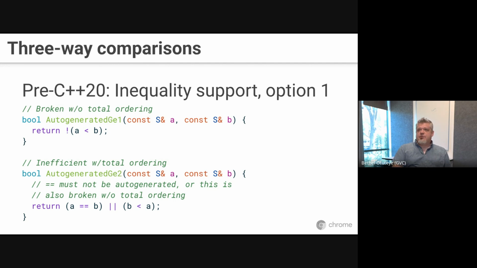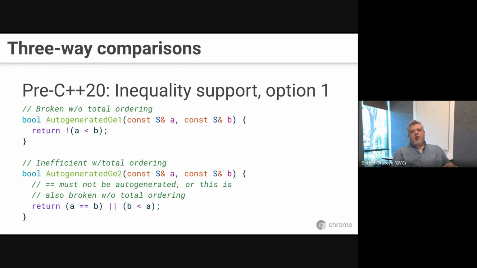But if we use the second version to try to work around that problem, then it requires that we've actually defined a working operator equal separately, and we aren't using an auto-generated version of that, or we're back to the same problem. And it's inefficient if we do happen to have a total ordering, like if we're working on ints, because it's doing two comparisons instead of just doing a single one, like we could, in theory, get away with.